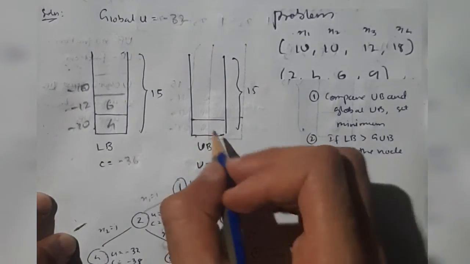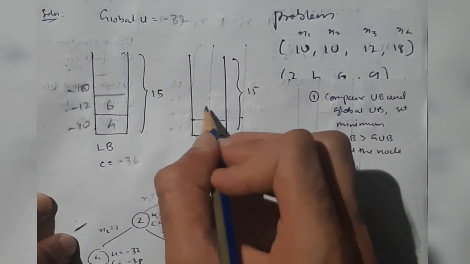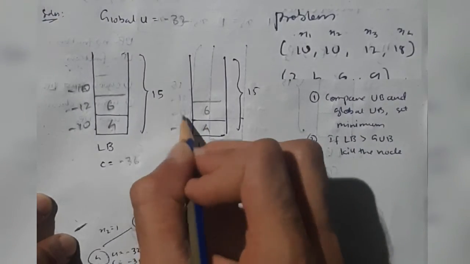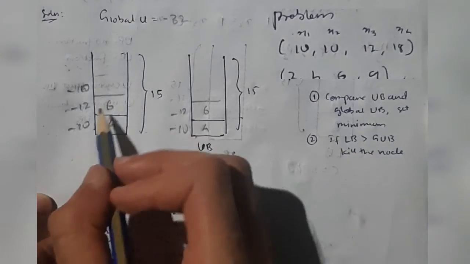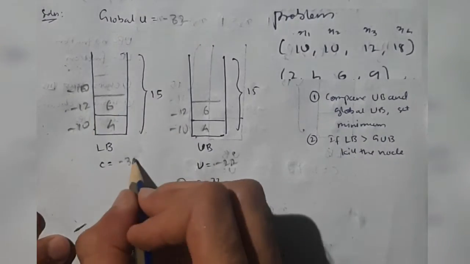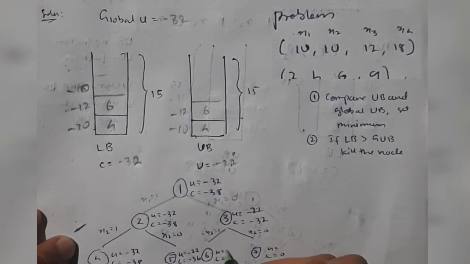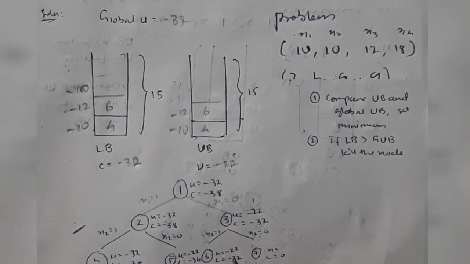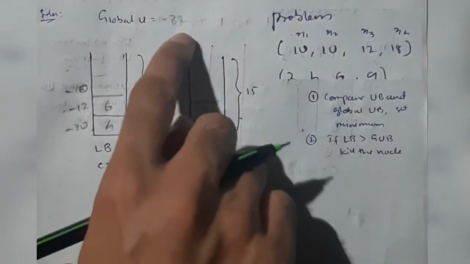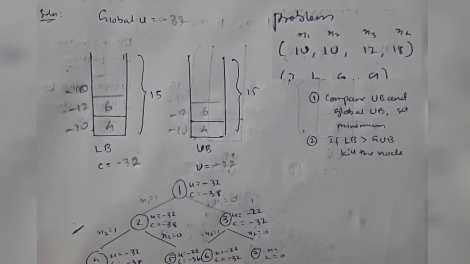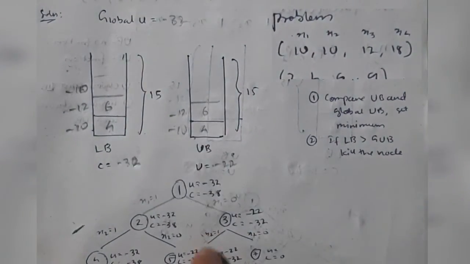And this one 4 and 6 here, that much only, so 10 and 12. This is minus 22, and this one is minus 32. So we'll be noting down these values here. U is minus 22 and C is minus 32. So is this valid or not? Minus 22 and minus 32, 32 is smaller, and minus 32 and minus 32, so it's a valid node.